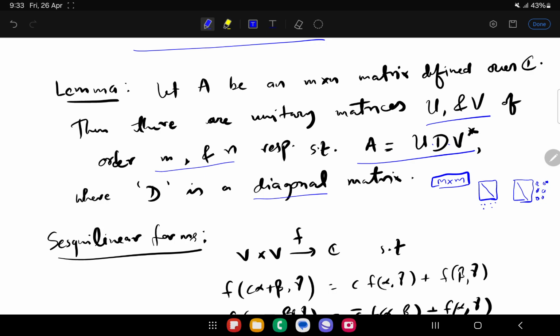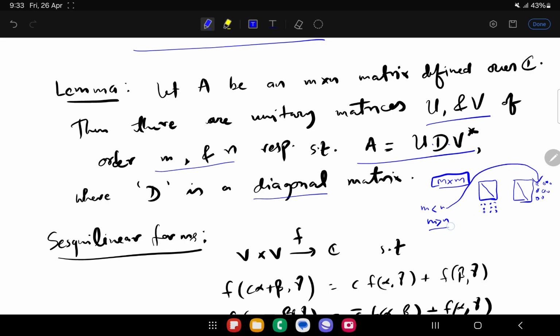So where these zeros will be and how many they will be is decided by whether M is less than N or M is bigger than N. Okay, if M is less than N, then this type will work.